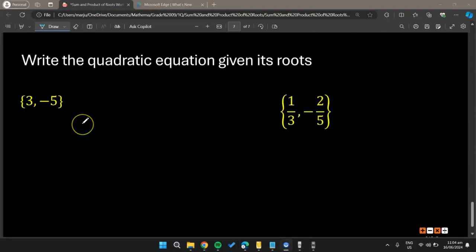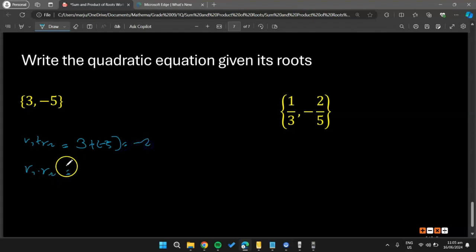So next we are given the actual roots and then we are asked to find the equation. So again, to do this, let's try to have first our root 1 plus root 2 and then root 1 times root 2. So this is just 3 plus negative 5. This is just negative 2. And then the product is just negative 15.